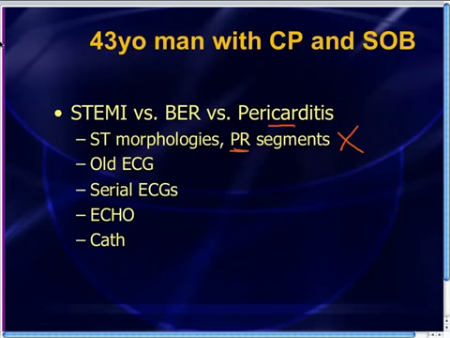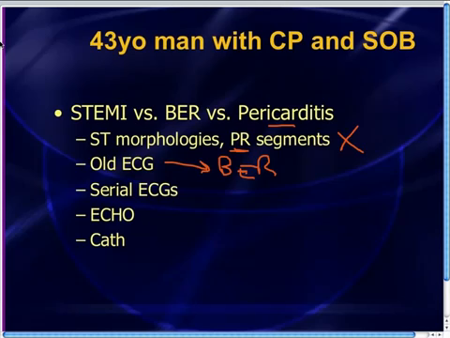Next step, you want to really try to look for old EKGs in this particular type of case. Take an extra 5 or 10 minutes and track down an old EKG. If the old EKG is identical to what you're looking at now, then that means it must be benign early repolarization. If the old EKG is different, then you just ruled out benign early repol, and that means you're looking at STEMI versus pericarditis.